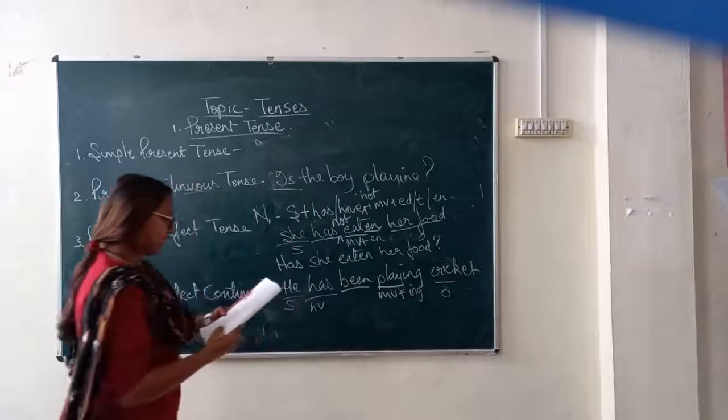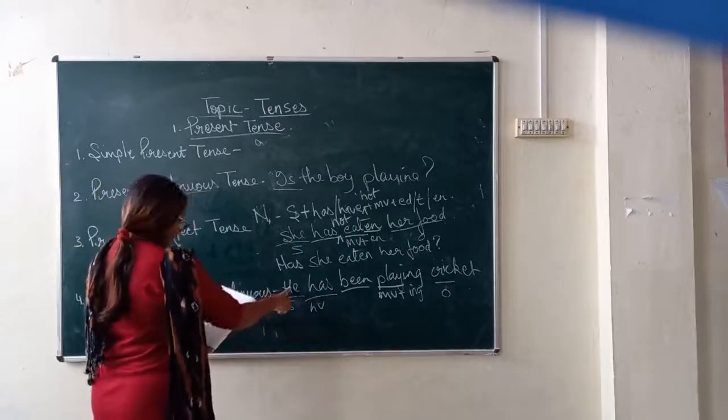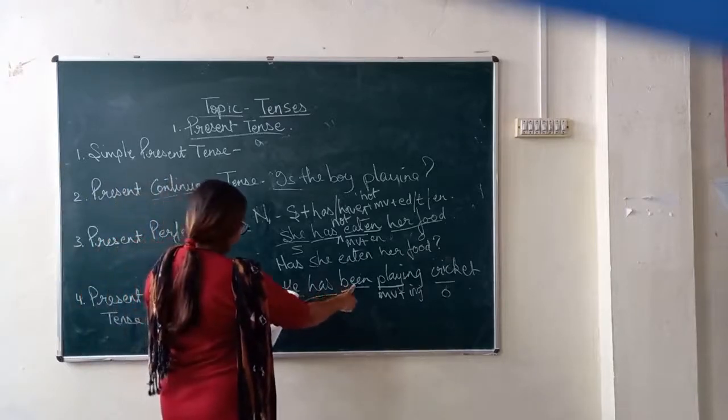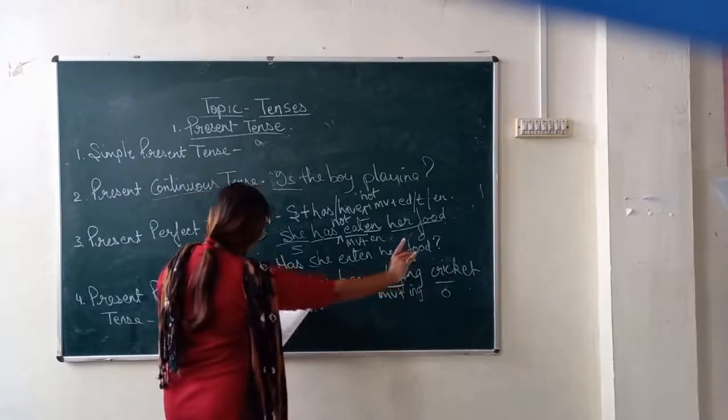Now you will see the formula in the affirmative sentences: subject plus has plus been plus main verb plus ing form and the object.